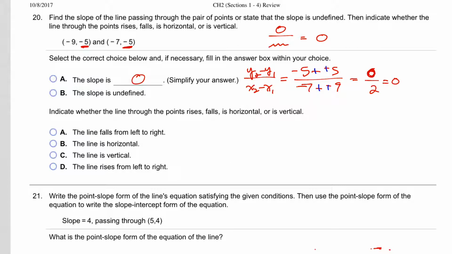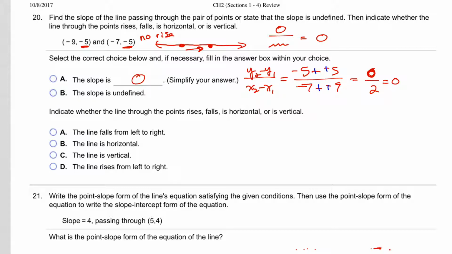Okay, which we did not have to do because we can see that we have the same y values, and that means there's no change in y. There's no rise. Okay, so if there's no rising, 2 points will be going like this. There's definitely a run, but there's no rise. There's a run of 2, there's no rise.